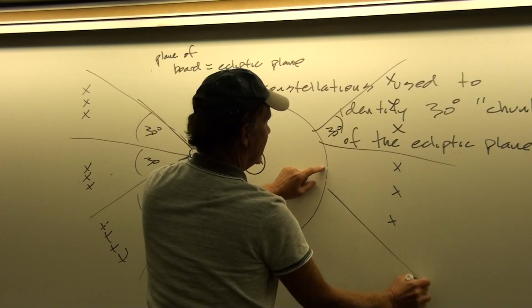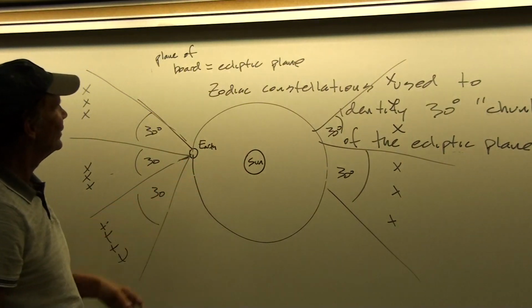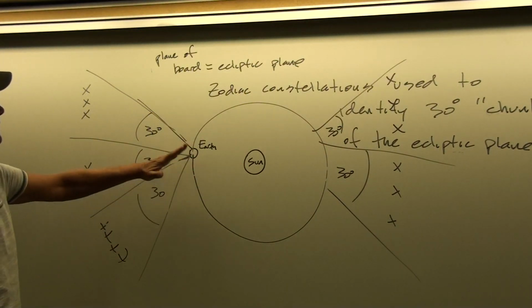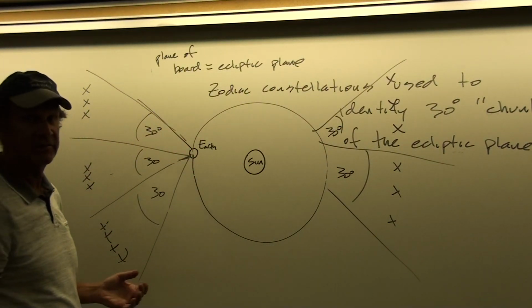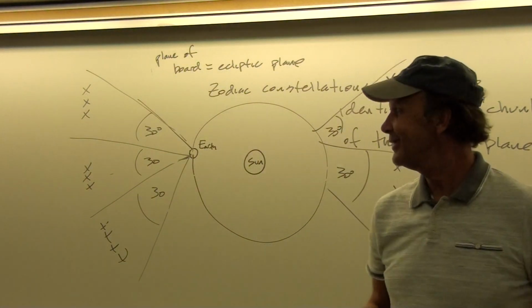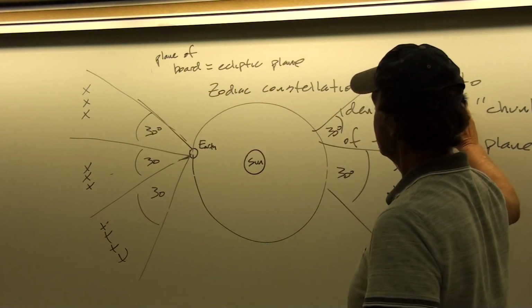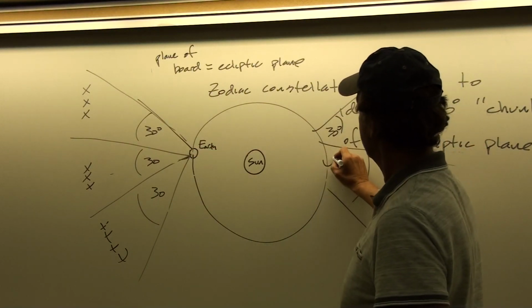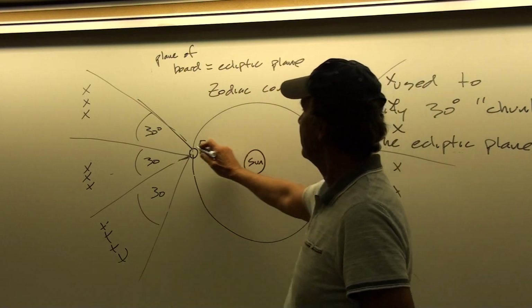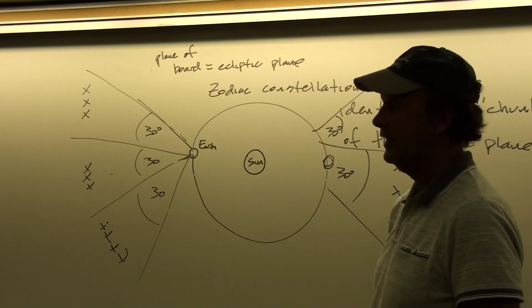This will be 30 degrees. But unless it's a total eclipse of the sun, that's the only time when you can see stars during the daytime. So unless there's a total eclipse of the sun, when we're in this position, we won't be able to see these zodiac constellations, and when we're in this position, we won't be able to see these zodiac constellations, because the sun is getting in the way.